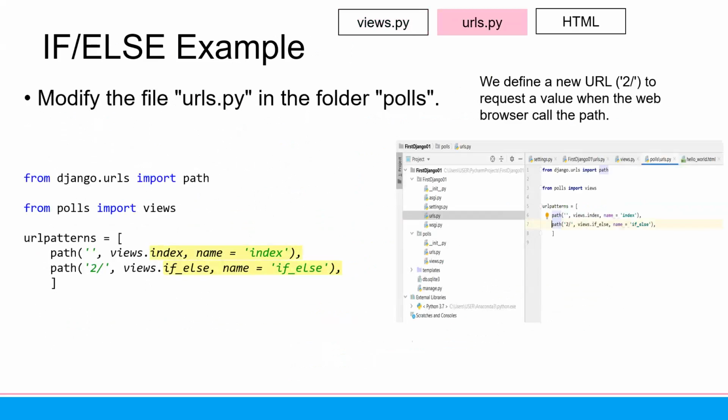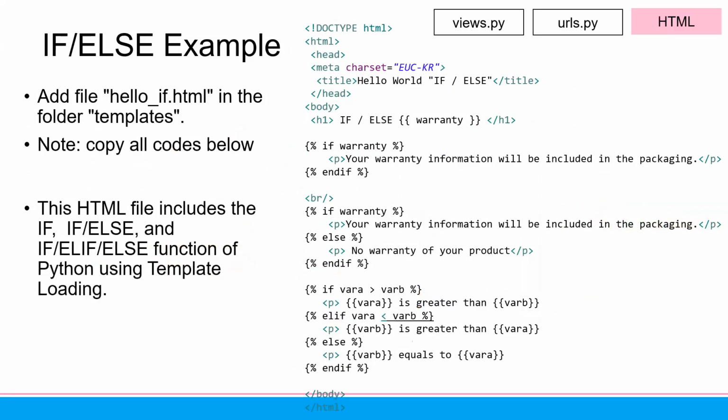The second one, I think you know how to create this URL. And in the HTML file, you know how to define if else. It is based on the control flow in Python, but we also need to define the ending, which is endif.